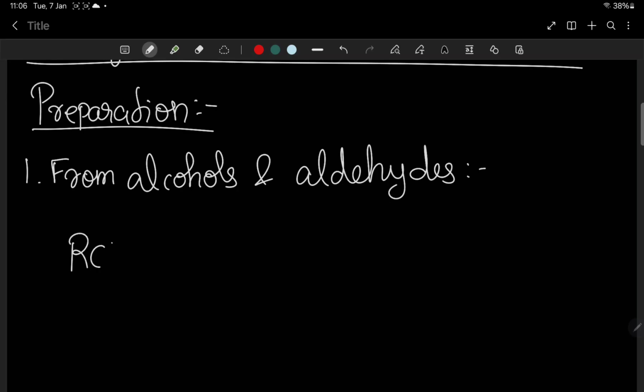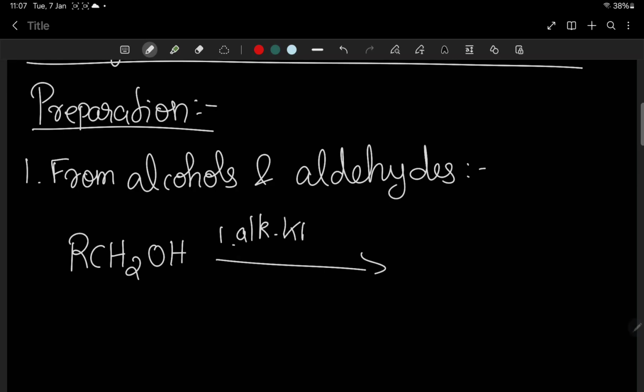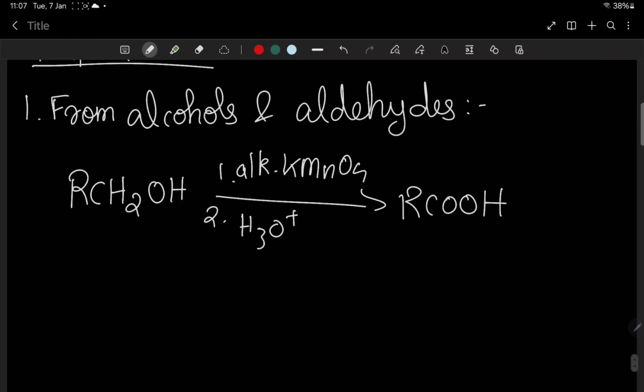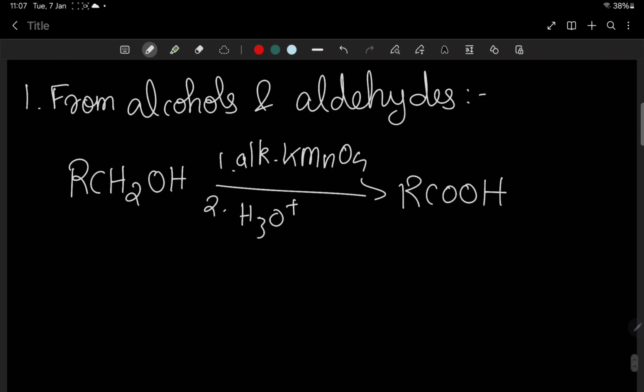Taking an alcohol and adding a strong oxidizing agent, that is acidified potassium permanganate, alkaline KMnO4, and if we hydrolyze, we get the corresponding carboxylic acid. Simple, right?